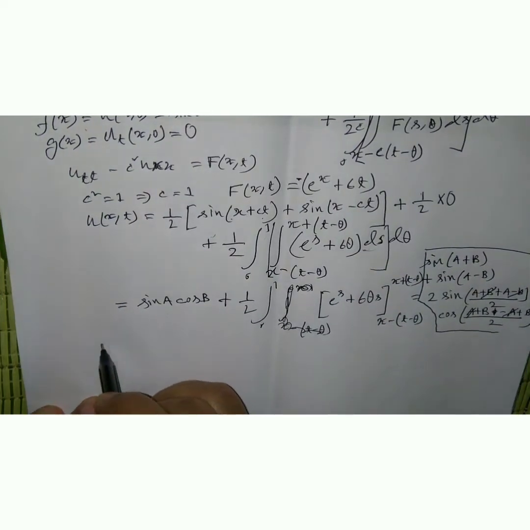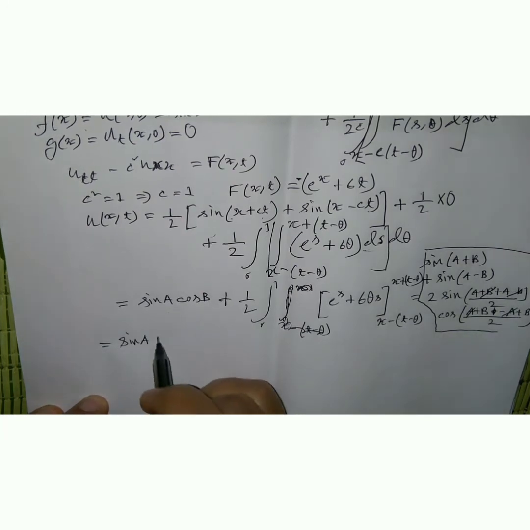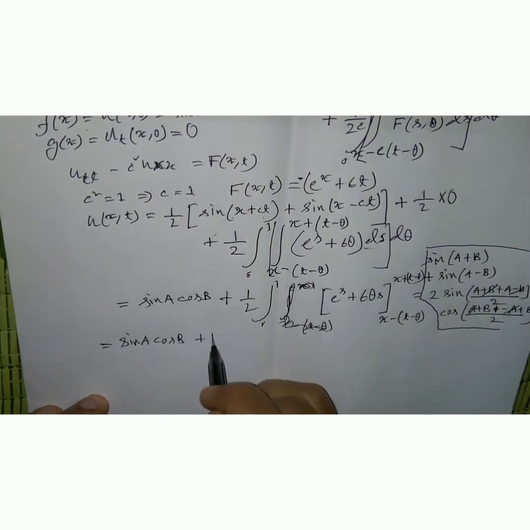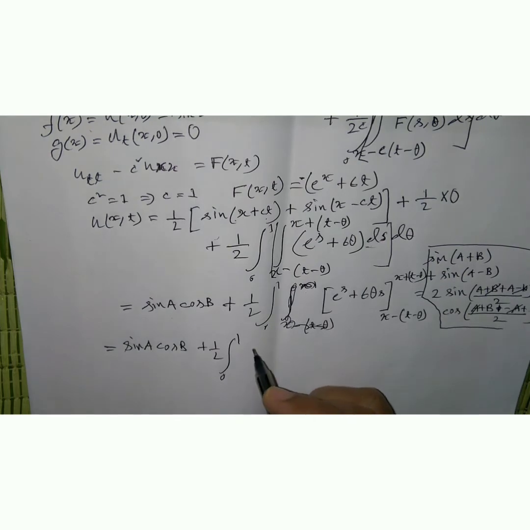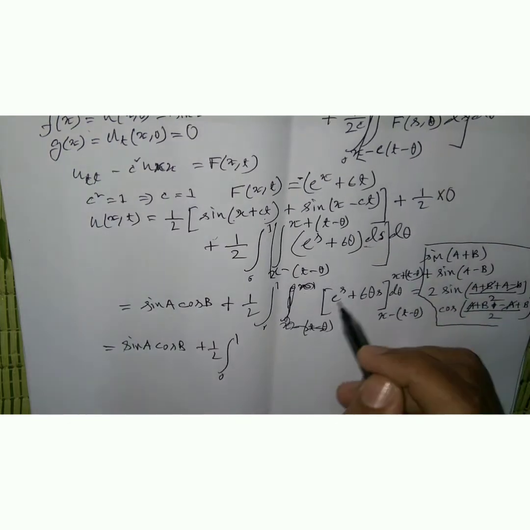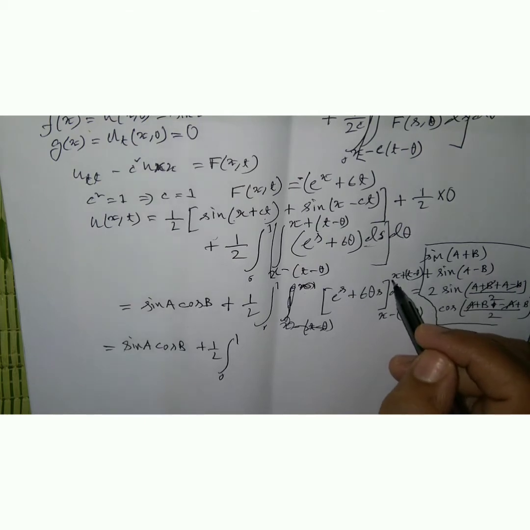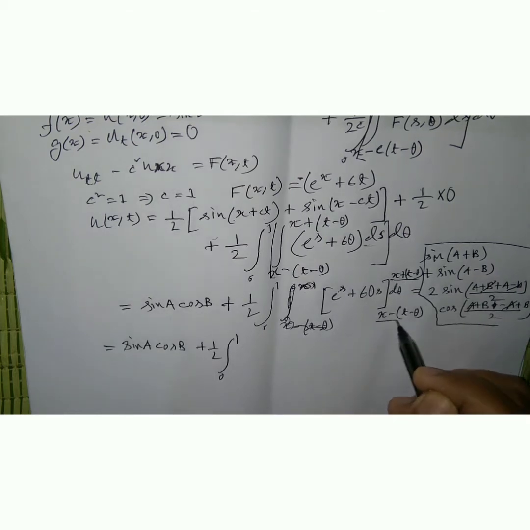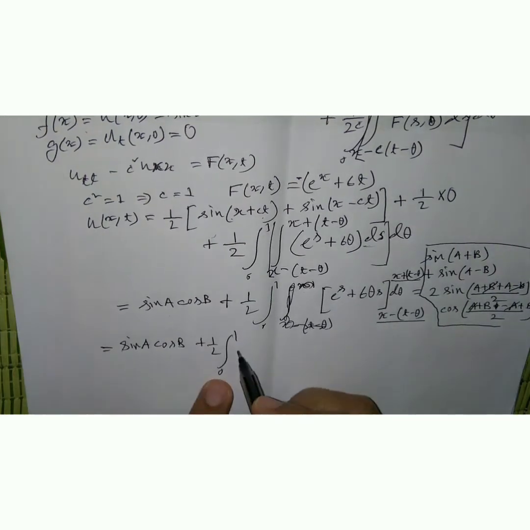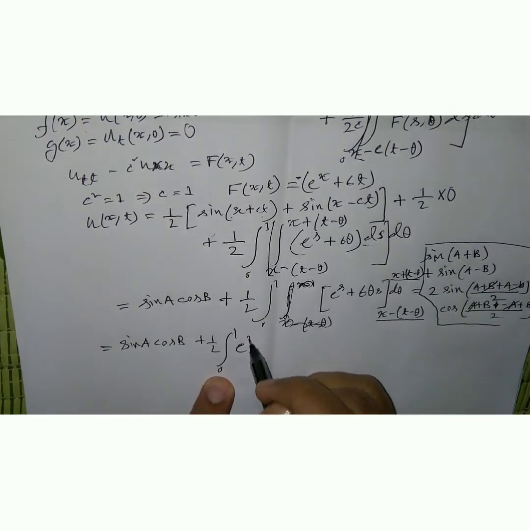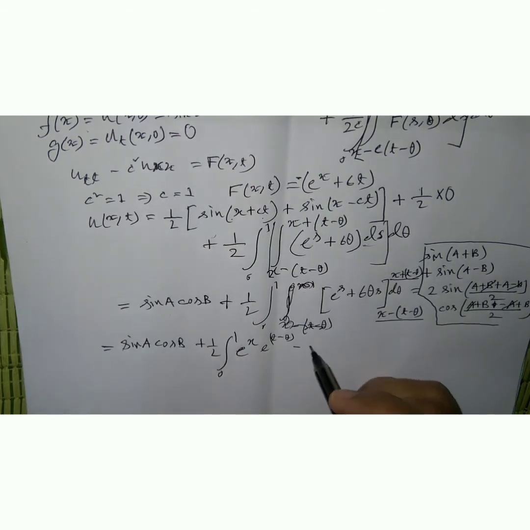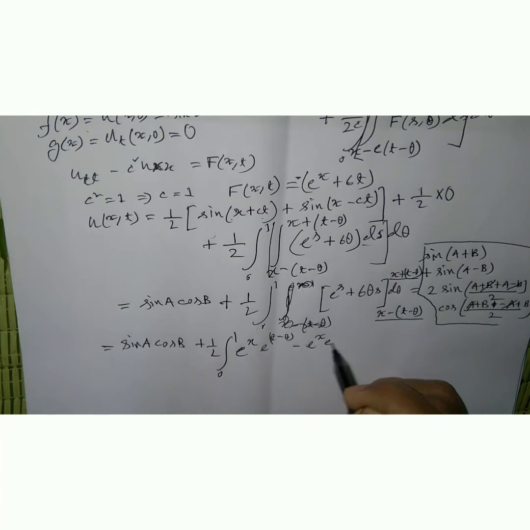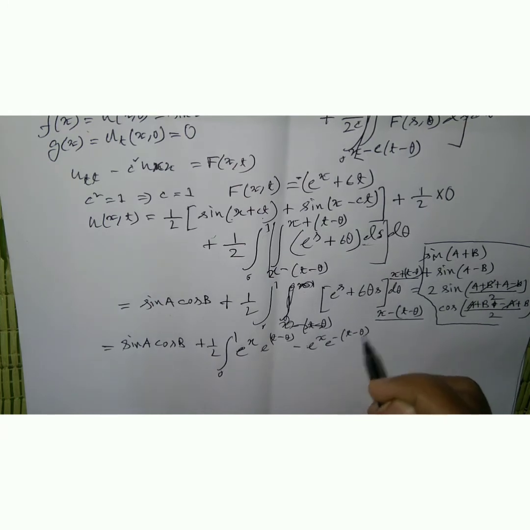After that I write sin a cos b plus half integral from 0 to t of e to the power s, here also d theta. I put the limits: upper limit x plus (t minus theta) minus lower limit x minus (t minus theta). So I get e to the power x into e to the power (t minus theta) minus e to the power x into e to the power minus (t minus theta).